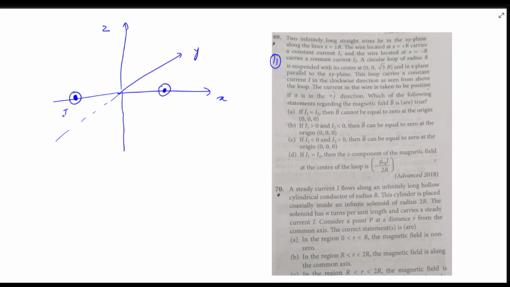So this has current I2 and this has current I1. This is x equals r and this is x equals minus r. And we have a loop like this, which is parallel to the xy plane at a distance (0, 0, root 3). This point is at root 3. Okay, the radius of this loop is r. The loop carries a constant current I in clockwise direction as seen from above. So if you see it from above, you will see the current is in clockwise direction. So it's like this if you see it from here.